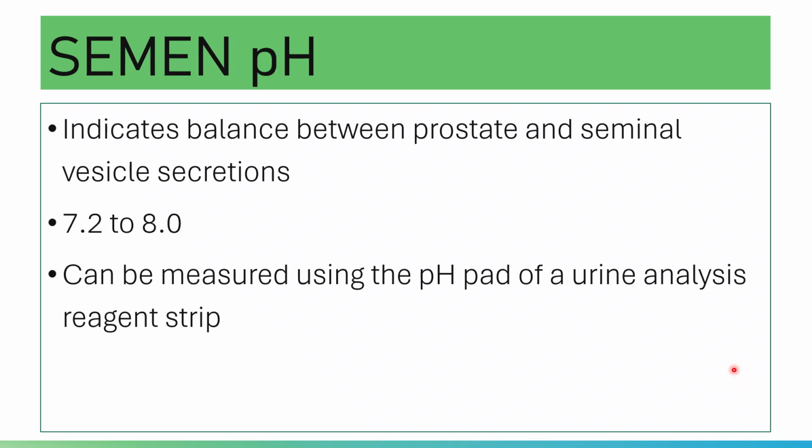For your semen pH, an increase in the pH of the semen indicates infection within the reproductive tract.